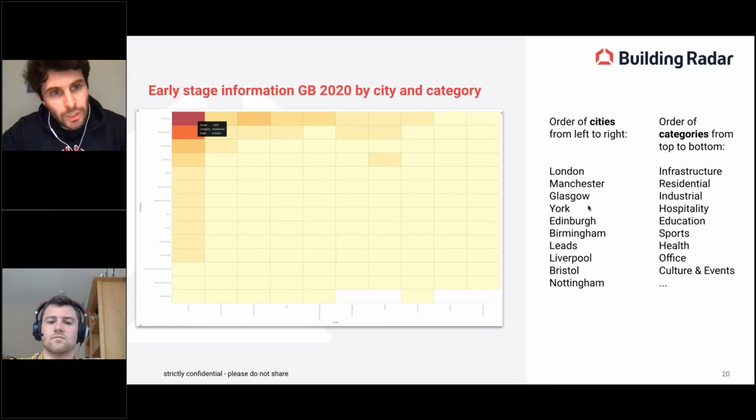Here we ordered it by cities. So no surprise that London would be number one city, then Manchester, Glasgow. And again, this is just about the amount of construction projects listed by these categories.